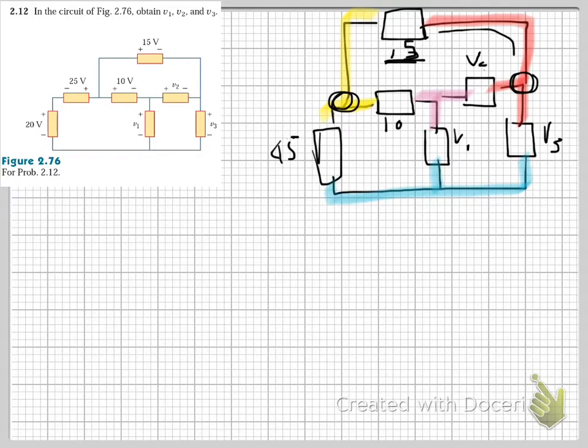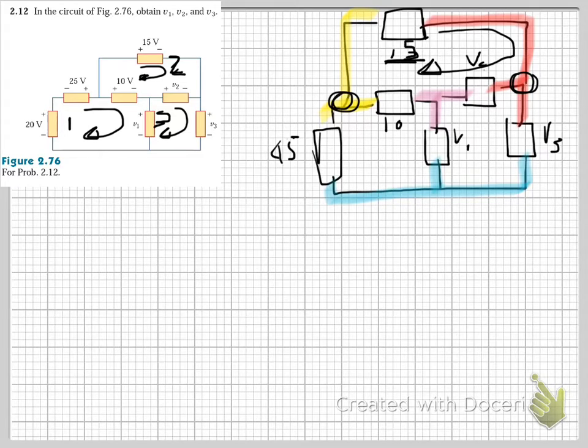So therefore, if you do a KVL in this loop, that means that the sum of these three is equal to, so the one thing that you must remember, you mustn't forget the polarities, right? So first of all, here are the directions of our loops. We'll call this loop 1, loop 2, and loop 3, right?